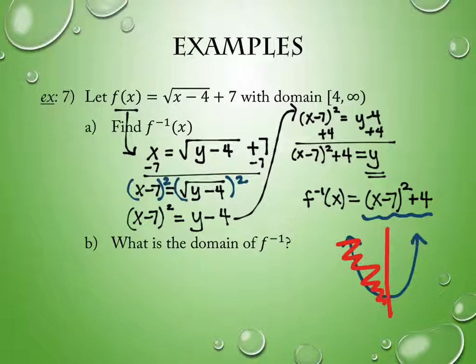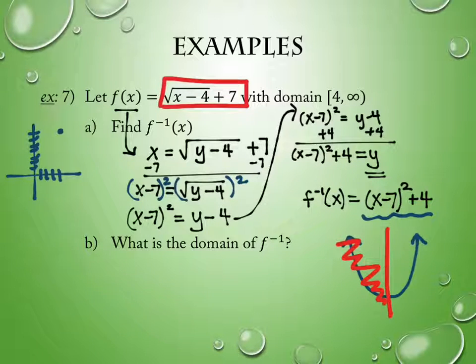So what's the deal? Well, the deal comes in back up here. Up here, if I were to graph this, and you know how it graphs, it's shifted right 4 and up 7, right? Right 4 and up 7. So graphically speaking, it would have looked like this, to start with. Half a parabola on its side.